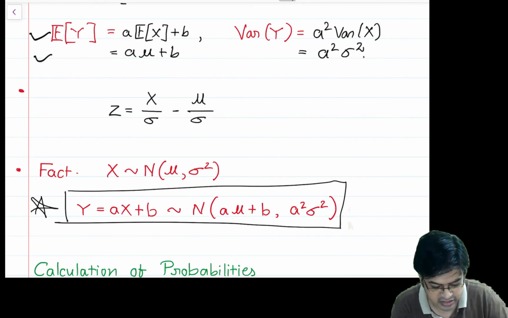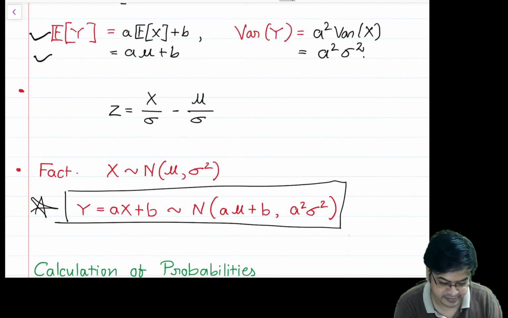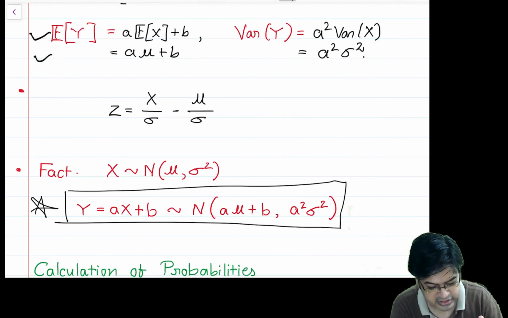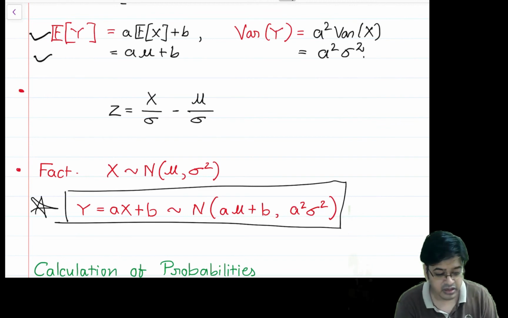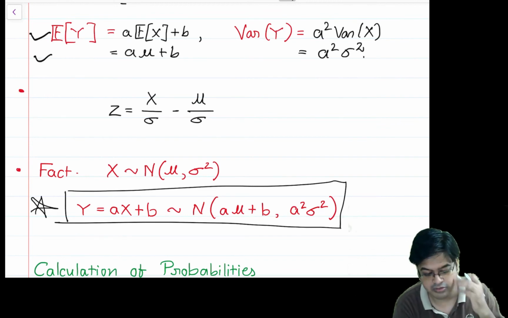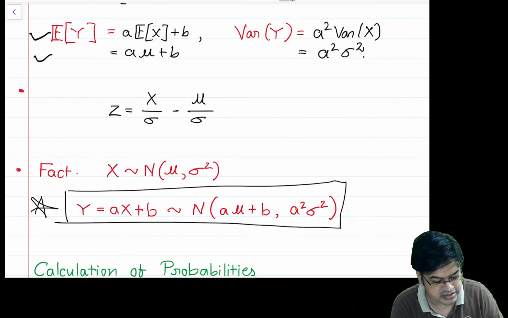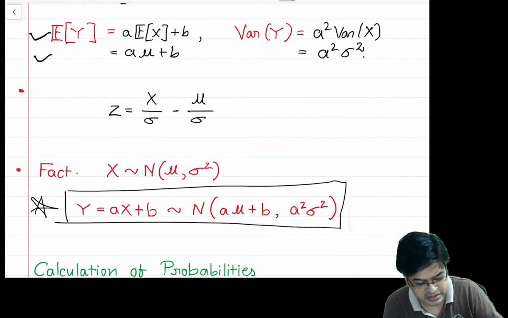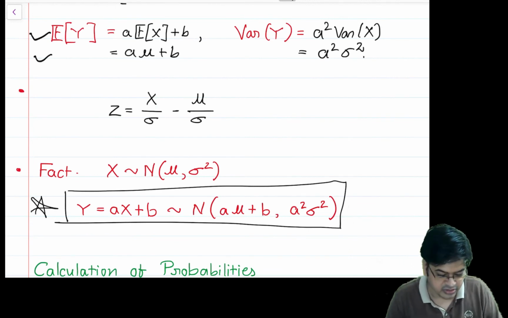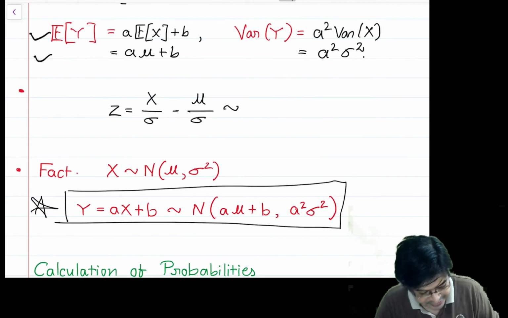My x is normal mu and sigma square, and I am considering a new random variable z, which is x by sigma minus mu by sigma. What will be the distribution of this random variable? Look at this star property, y is equal to ax plus b, right? So what is a here? It is 1 by sigma, and b is minus mu by sigma. Just use that, then I know the distribution.